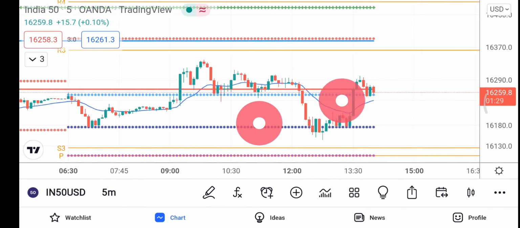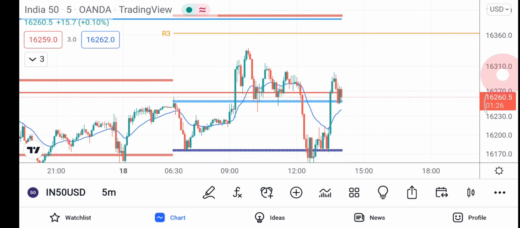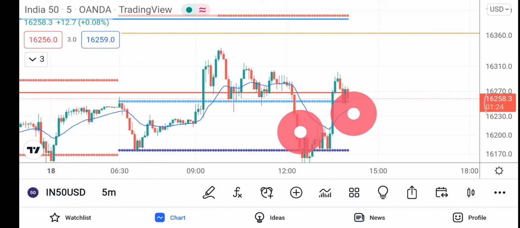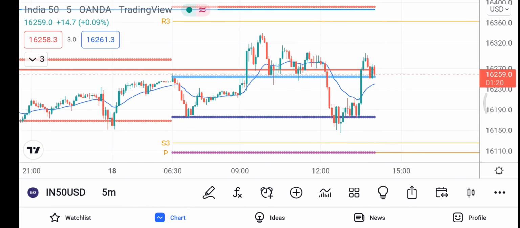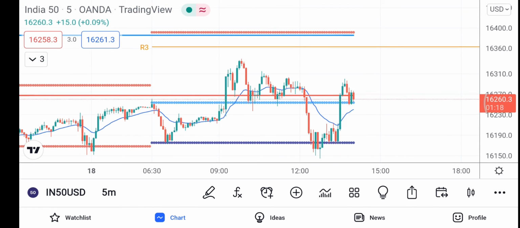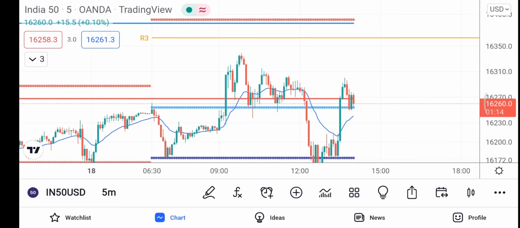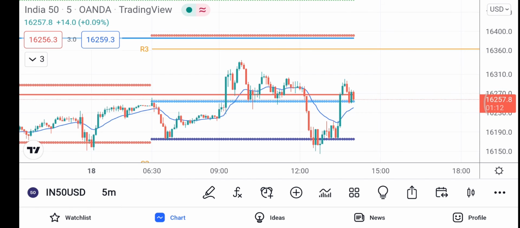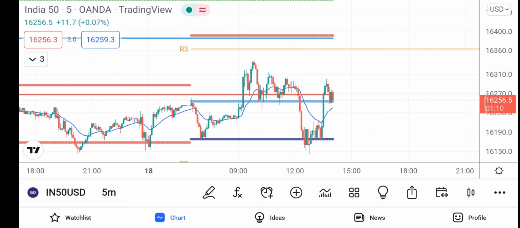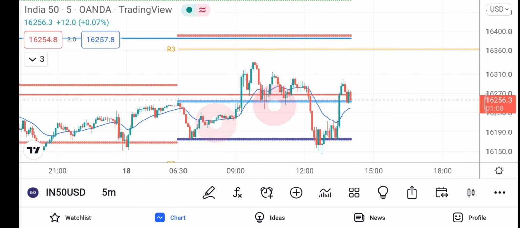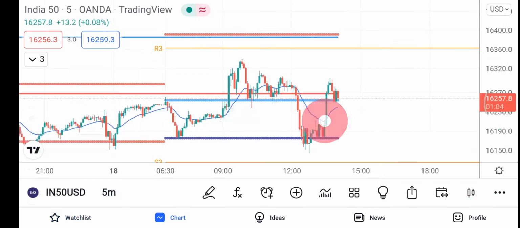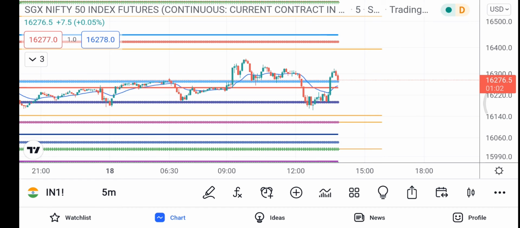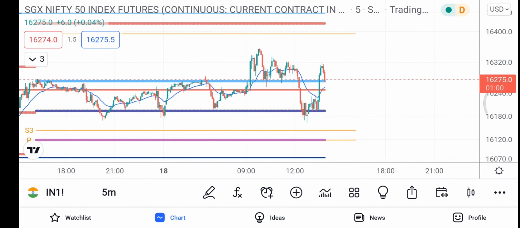Sometimes I do see this India 50 chart. As you can see, this chart we get live. This chart which usually trades in the US market, this is the Nifty 50 chart like that. So this is the India 50 which trades in the US market. So sometimes I do see this chart for the initial judgment to take a trade in Bank Nifty or Nifty, and sometimes for the price action judgment I do see this SGX Nifty.